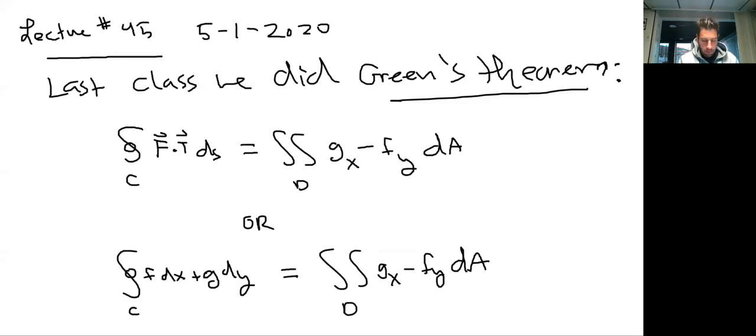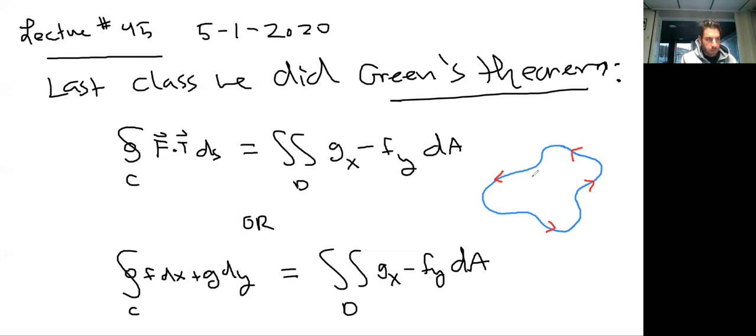So let's get our guys out. Remember, C has to be some closed curve. And it has to be oriented in the proper direction. And we said the convention is we imagine an object moving around in a counterclockwise way.